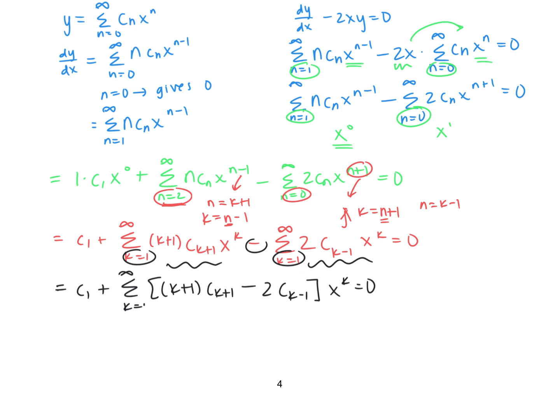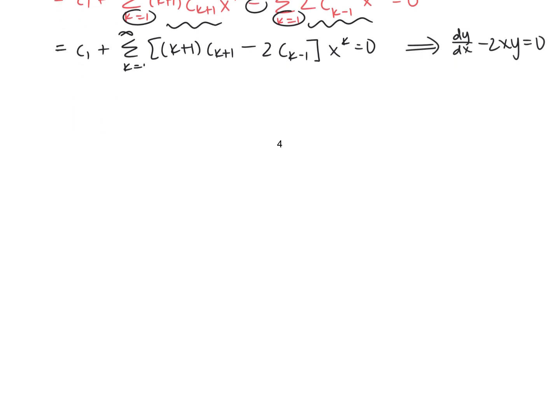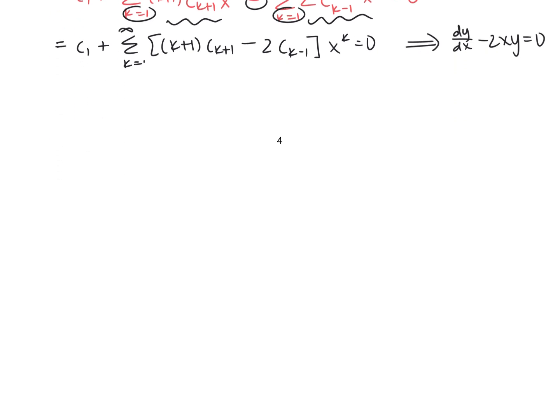Okay, so this is the same as our differential equation dy dx, subtract 2xy is equal to 0. So that is the same as our differential equation. Again, I didn't give you a ton of room, so if you write as big as me, you might need to get a new page.